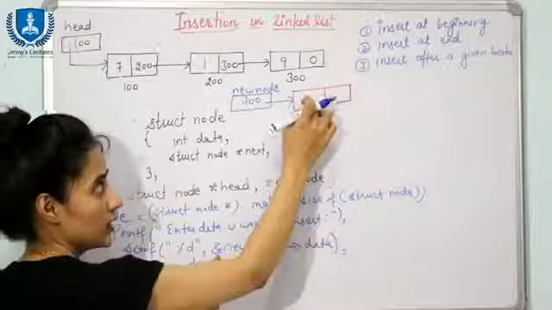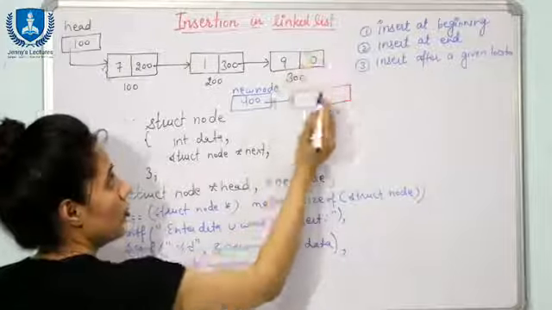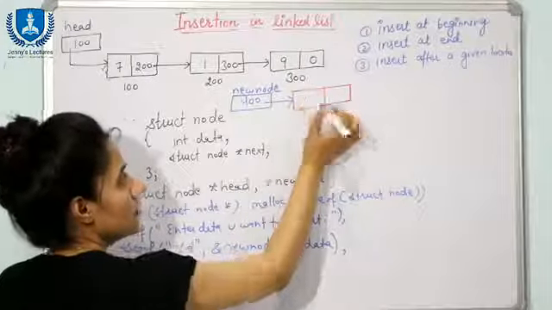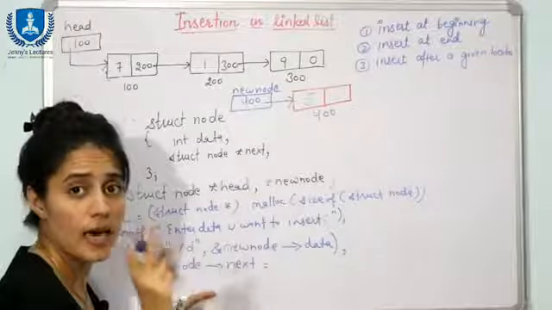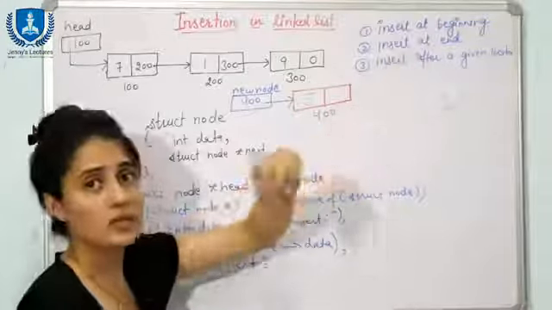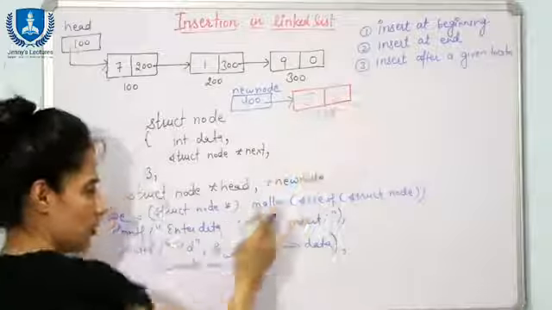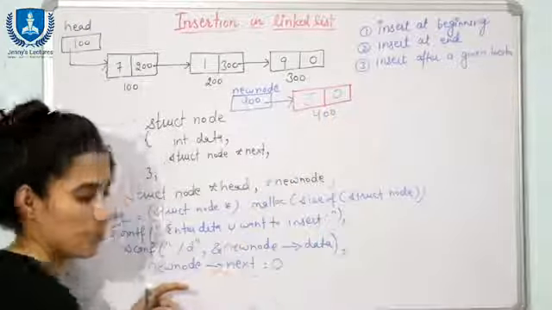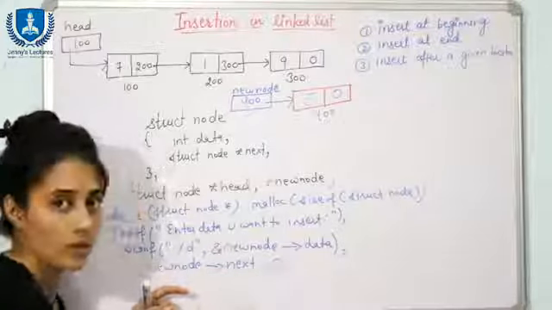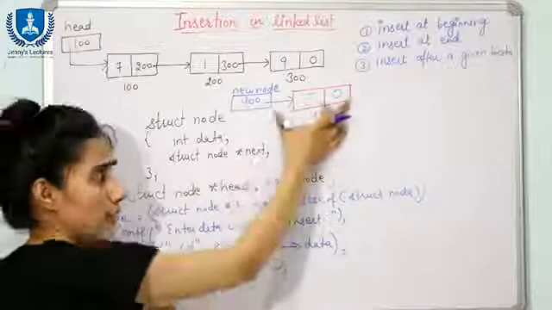This is how we are going to access this data. So suppose I want to insert here 5, right? So this would be the last node, because we are going to insert at the end. So in this next part, here we are going to store 0, or you can say null. Fine. Now we have created the node.